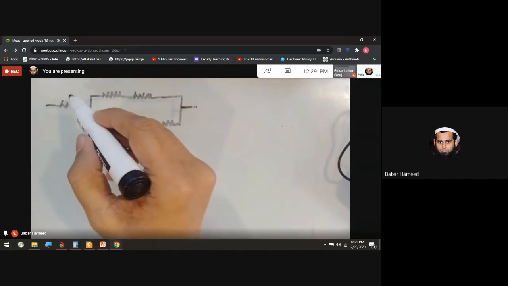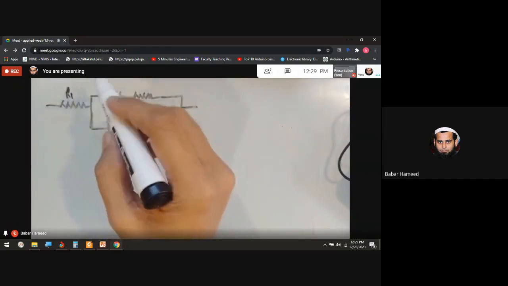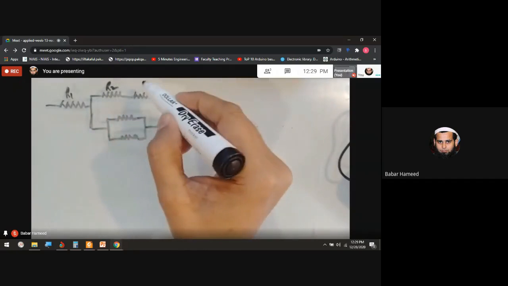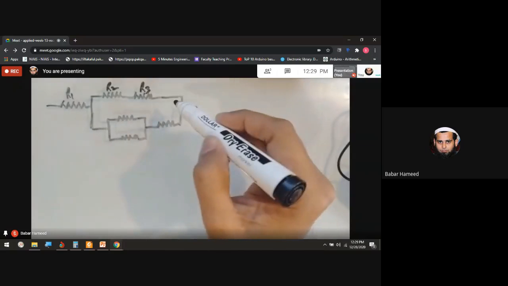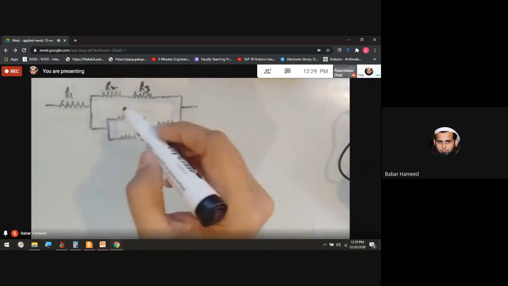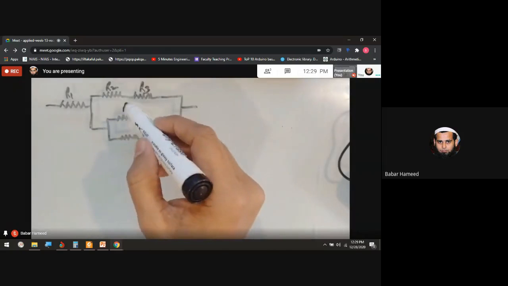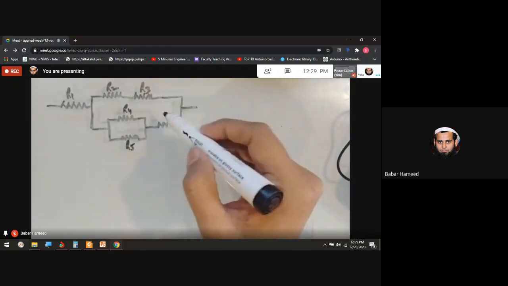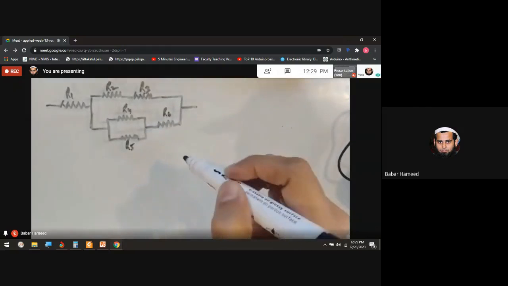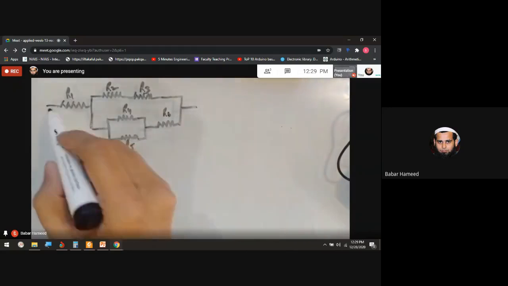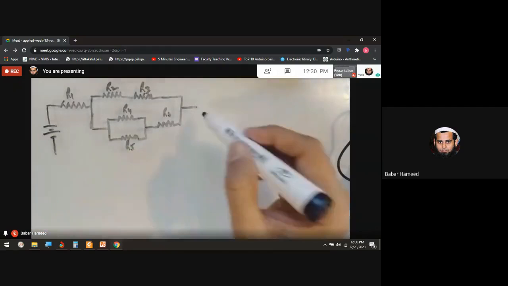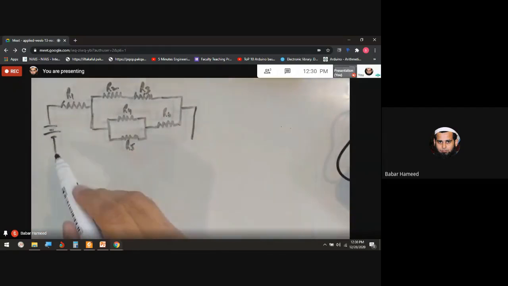Here we have R1, R2, R3, R4, R5, and R6. You can see here there are multiple small combinations of series and parallel circuits.